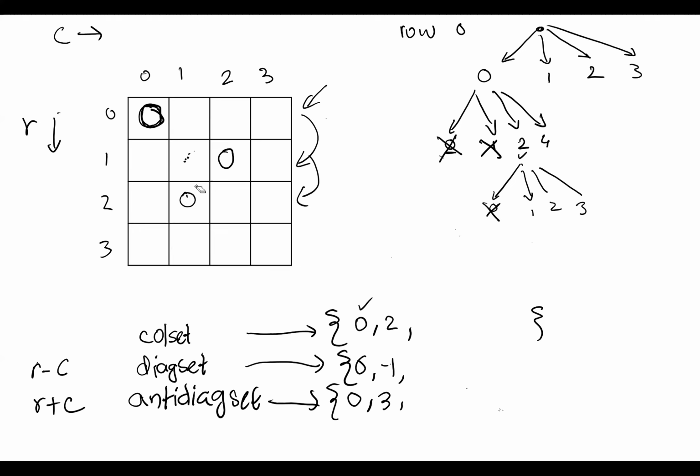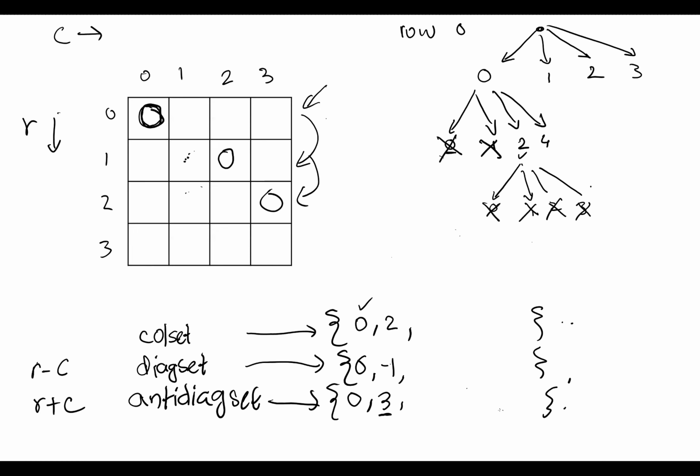If you add the column value and the row value, that's going to be 3, and you can see 3 is already here. So this is also ruled out. Next, this column actually matches the sets, so I cannot do this.